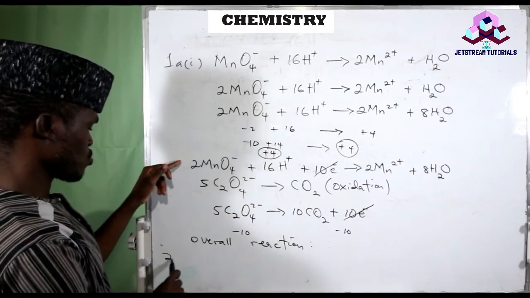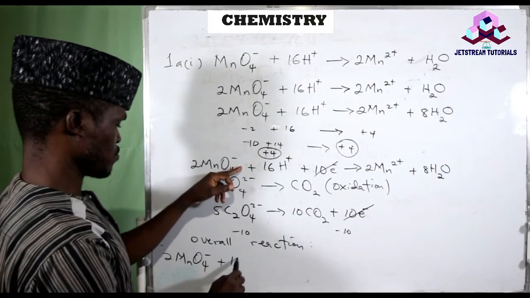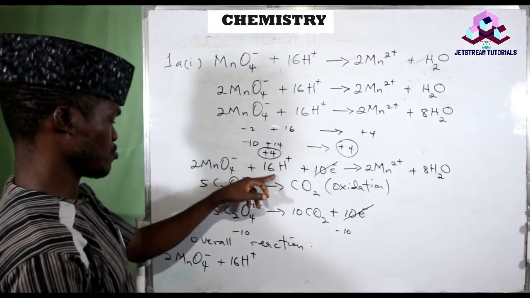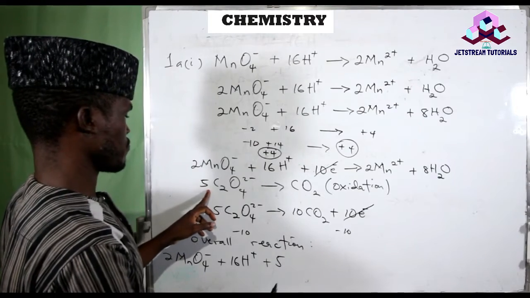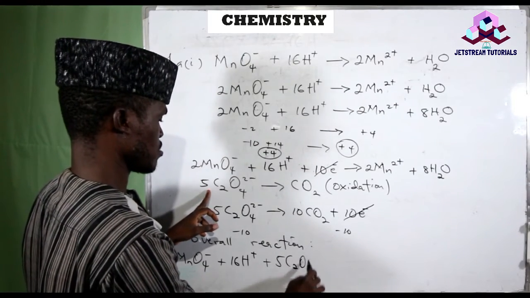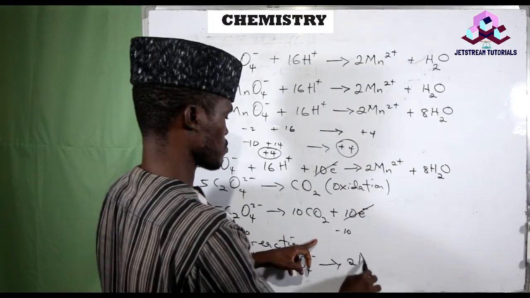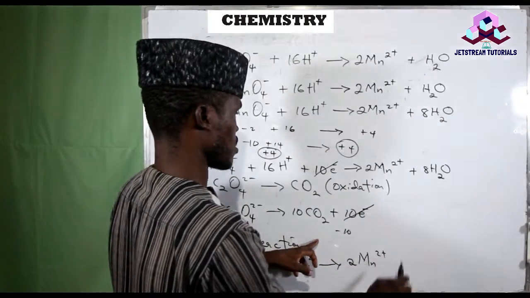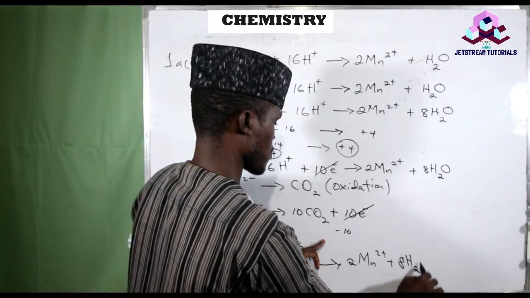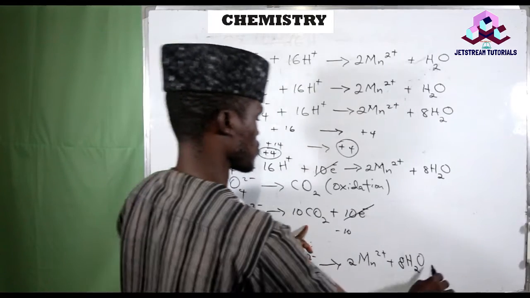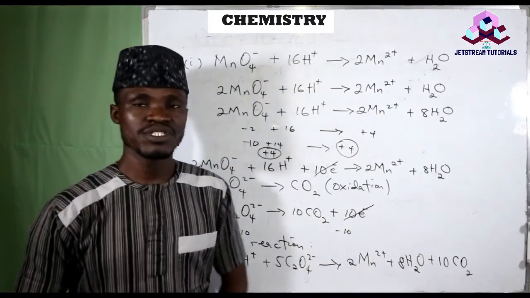So we have 2 moles of permanganate ion plus 16 moles of hydrogen proton plus 5 moles of oxalate ion gives us 2 moles of manganese ion plus 8 moles of water plus 10 moles of CO2 gas. So the equation is balanced.